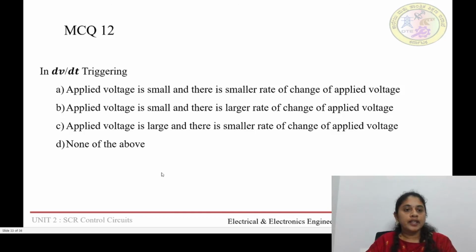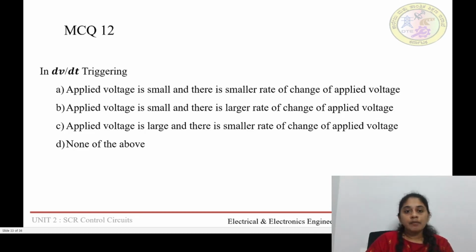In dV by dt triggering, we know that charging current IC is equal to C into dV by dt. That is, charging current is directly proportional to dV by dt. So as dV by dt increases, charging current increases, hence the device turns on. This is the concept of dV by dt triggering.